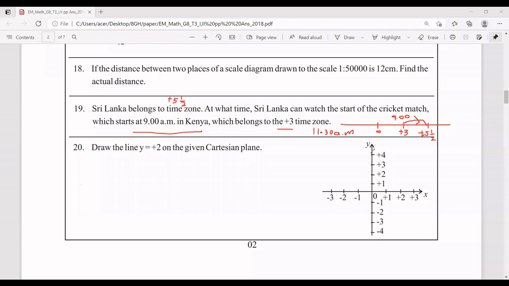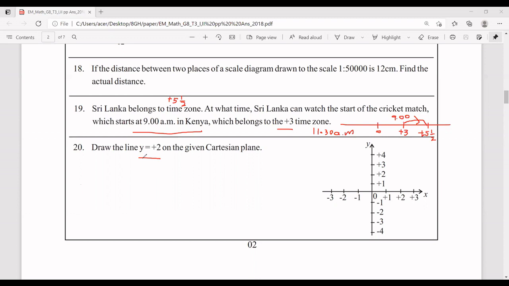There are two number lines here. In this number line, -4, -3, -2, -1, 0, +1, +2, +3, +4. This is the vertical number line, that is the y-axis. Horizontal number line, -3, -2, -1, 0, +1, +2, +3. This is the x-axis.